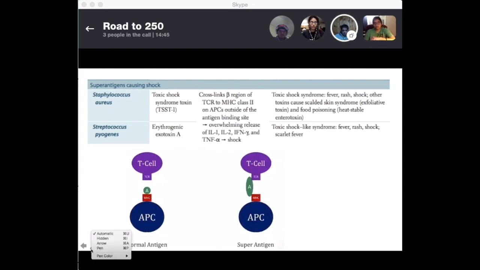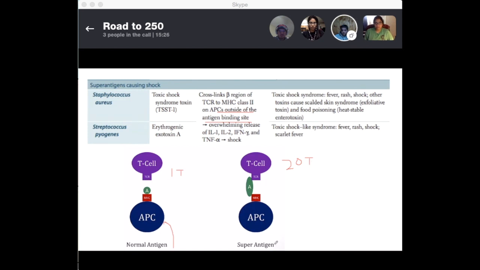So typically, how is a normal antigen presented? The antigen presenting cell takes it and puts it on the MHC class, and presents it to the T cell. So normally you're going to activate one T cell. But with a superantigen, the APC binds outside of its antigen binding site, so it's not actually in the MHC groove. It's just presenting on the side, and it's activating a ton of T cells, up to, let's say, 20 T cells simultaneously.